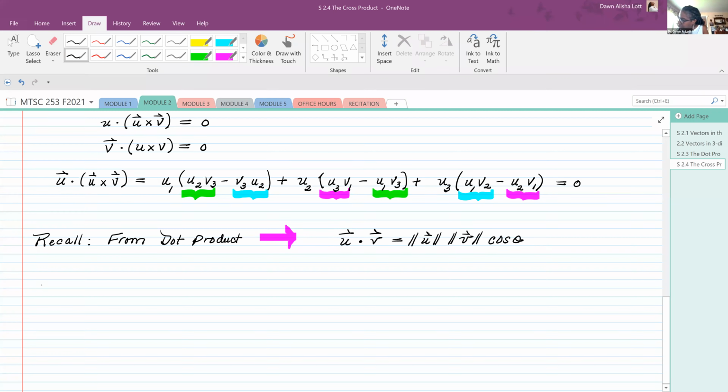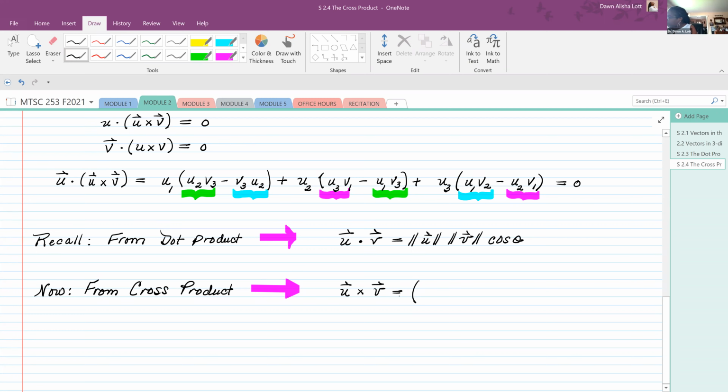Okay, so now from the cross product, we're going to get U cross V is going to be, this is a vector.